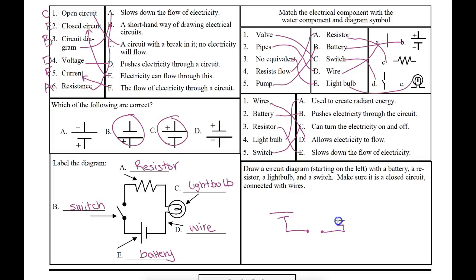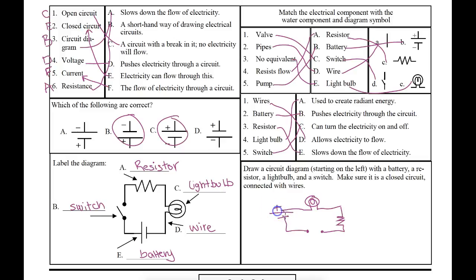And then I'm going to make the resistor. Sorry, that is kind of messy. I'm going to have it go over here. And then I'm going to make the kind of funky little switch there. And okay, it's kind of ugly.